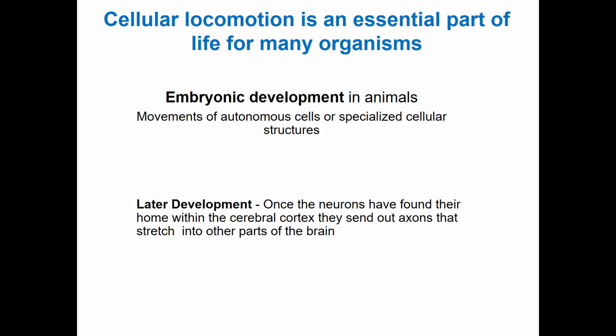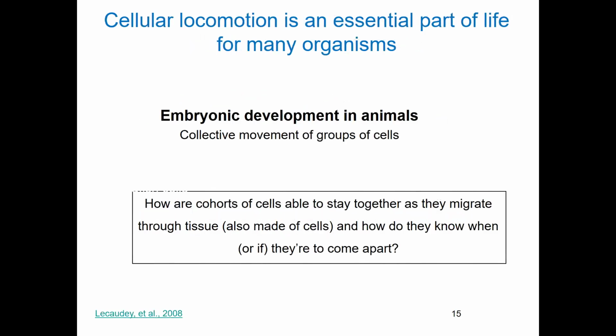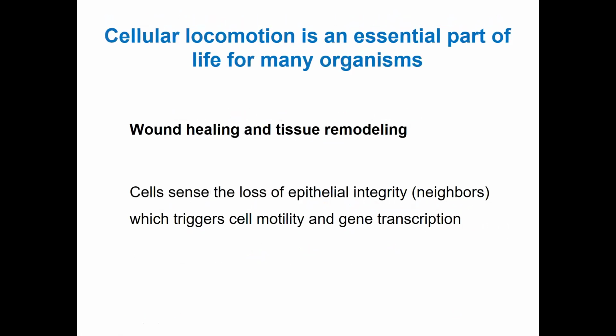So in brain development also, some sort of cellular locomotion takes place. And collective movement of a group of cells, as I told you, happens for development of specific organs during embryonic development.